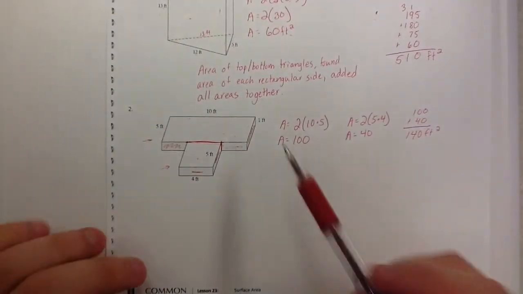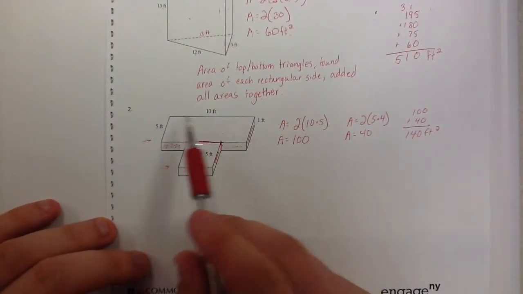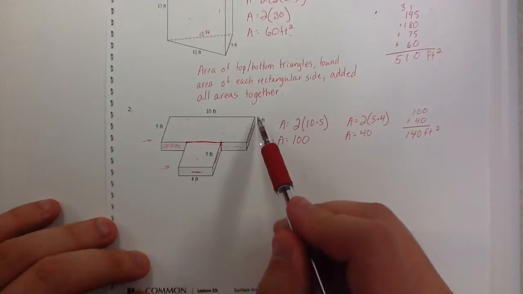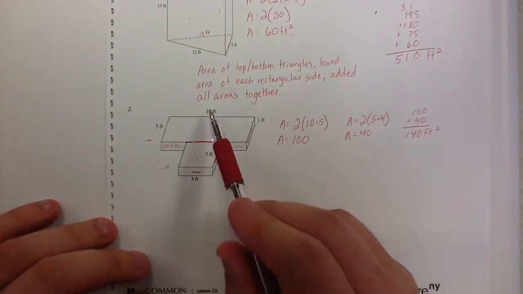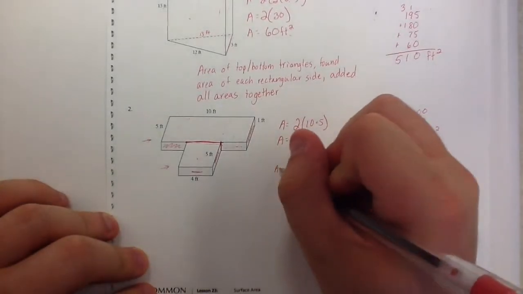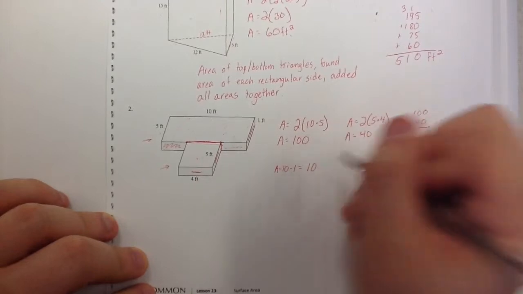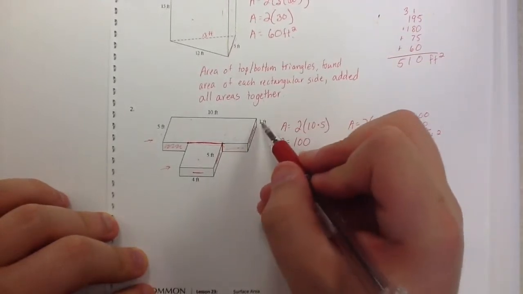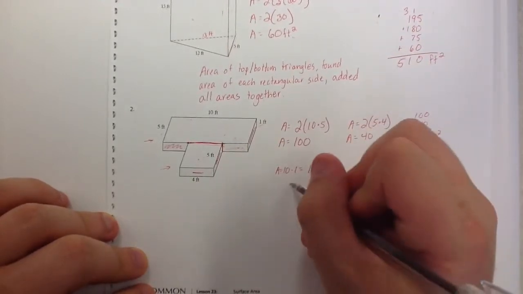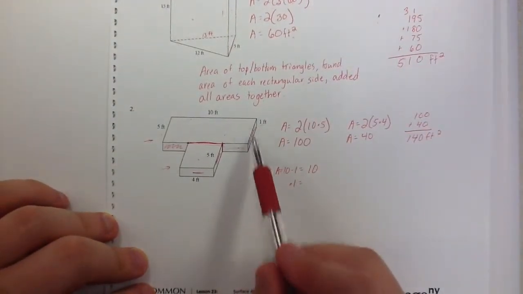All right, now we need to find all these little sides. Let's start with the back side behind here. We know the length is 10, and we can see here that the width is 1. So it's just 10 times 1. So A equals 10 times 1 equals 10. This area on the side here, we see again it's times 1. That's our width for all of these will be 1. But what is our length here?